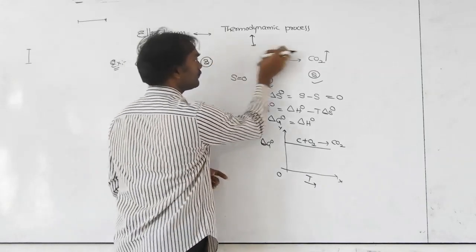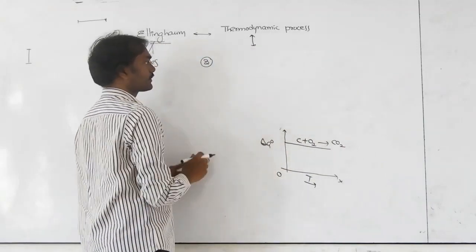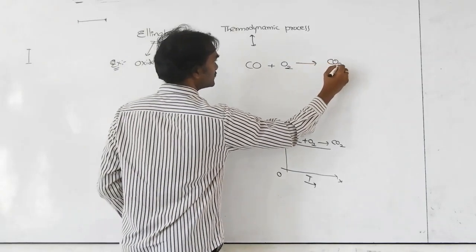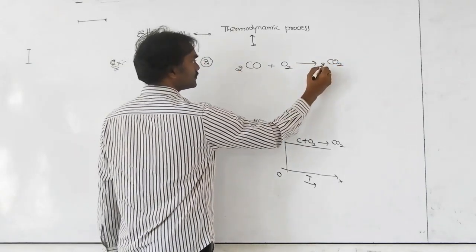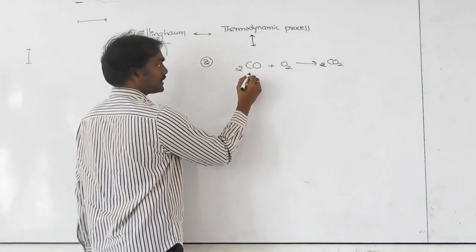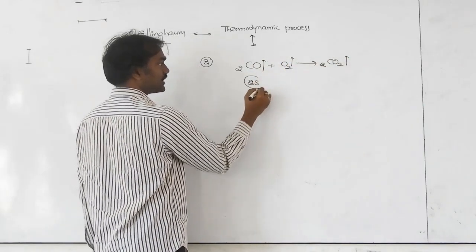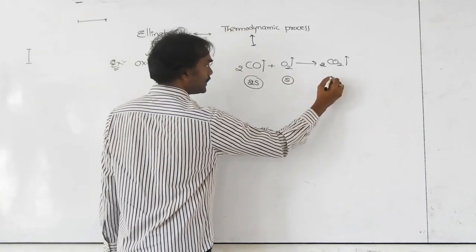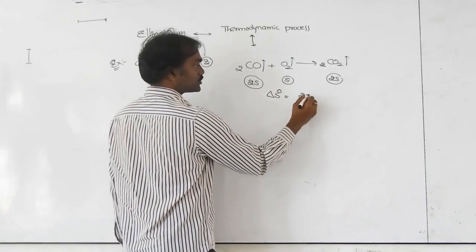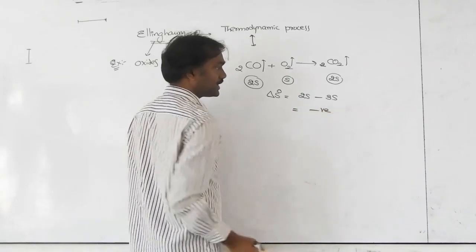Next, the third example: carbon monoxide reacts with oxygen to give CO2. Two moles of CO give 2 moles of CO2. All are gases, so entropy is present: 2 moles of entropy for CO, 1 mole for oxygen, and 2 moles for CO2. So delta S naught is product minus reactants, and we get a negative value.